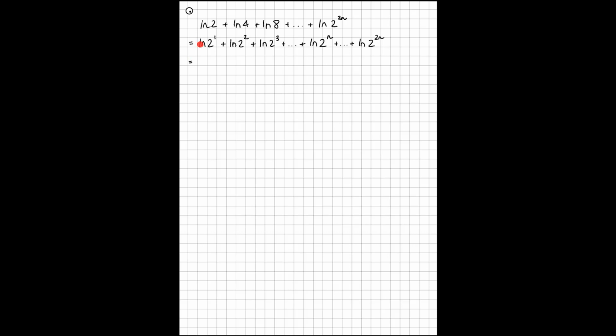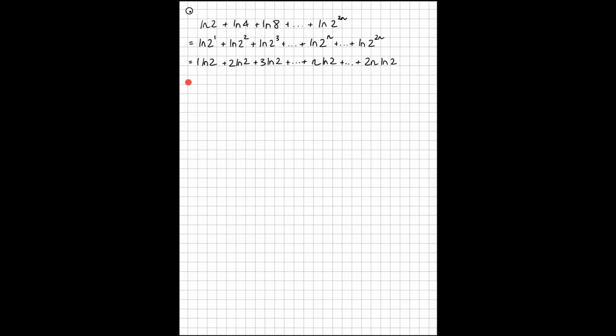If you're comfortable with your log laws, you know that when you have log of something to a power, that exponent you can bring out to the front. So this is really 1 times log 2 plus 2 times log 2 plus 3 times log 2 and so on. Then we'll have our n log 2, and we'll keep going, and finally we'll have our 2n log 2.